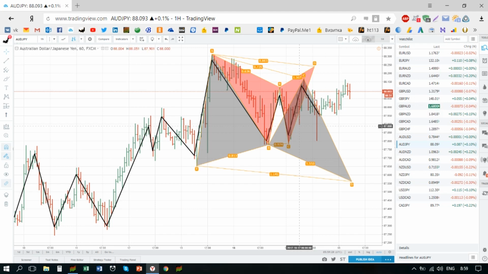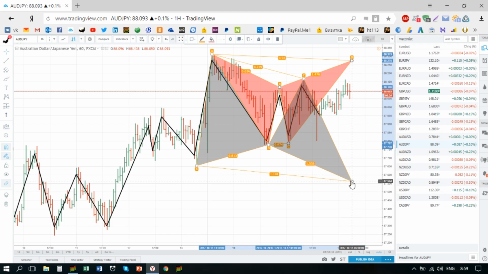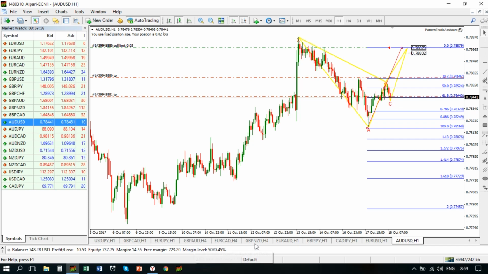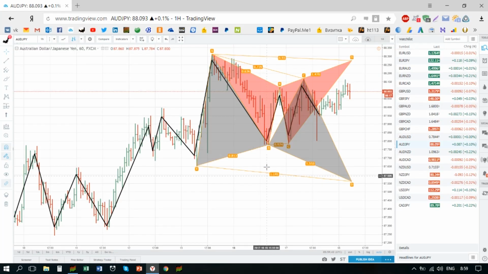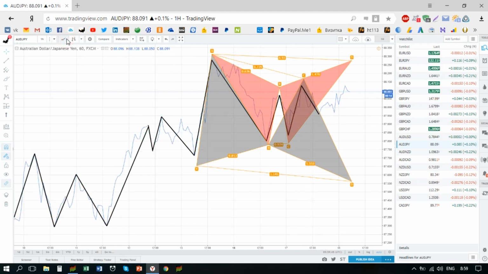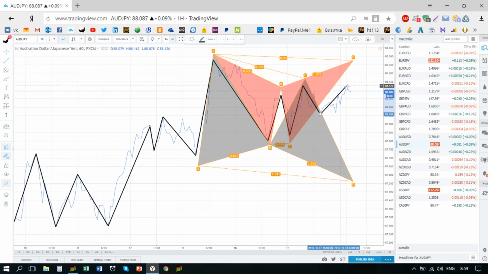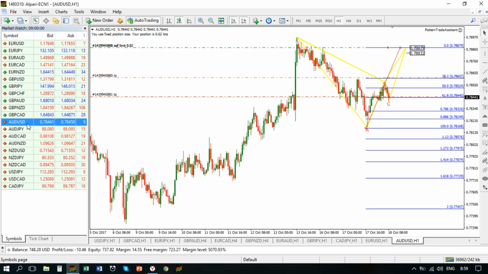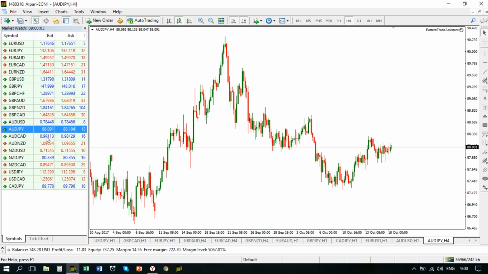Aussie yen. We will most likely hit this Gartley before we hit this butterfly. So Aussie yen. Let me see if I have that. Nope, no Aussie yen. Let me switch to lines. Yes, we are moving higher, and we move it this way. Aussie yen potential Gartley is in place. Let's go to open the Aussie yen and open the trade.